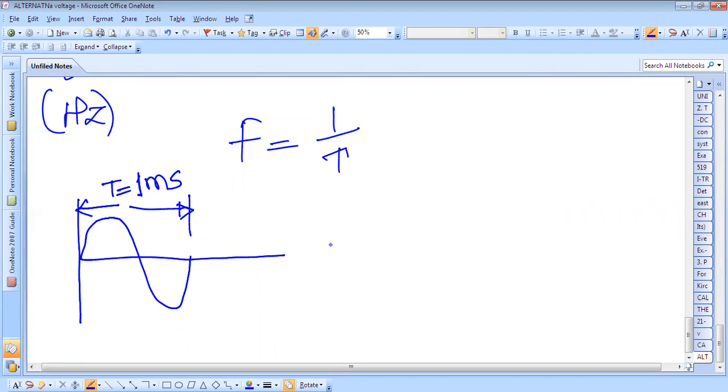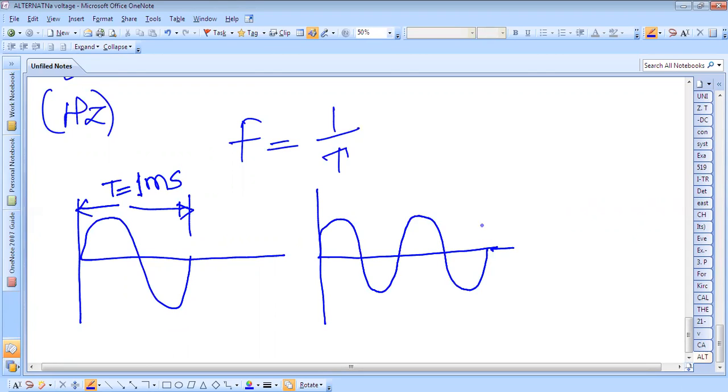Now suppose the waveform is like this. This is 1, this is 2, this is second. This is actually the number of cycles occurring in 1 second.